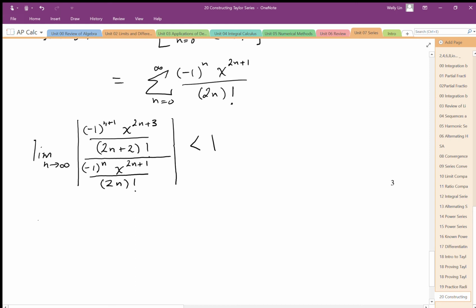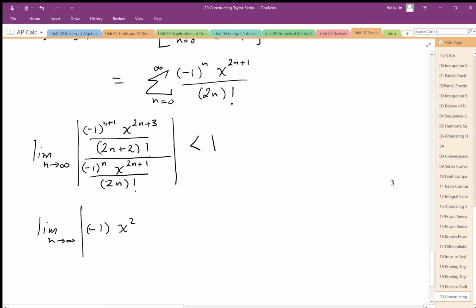Okay, so then we just need to simplify this. We need to group our parts together. So I'm going to group my -1s. I get -1 to the n plus 1 divided by -1 to the n, which leaves me with -1. 2n plus 3 divided by 2n plus 1, we're just left with x squared.